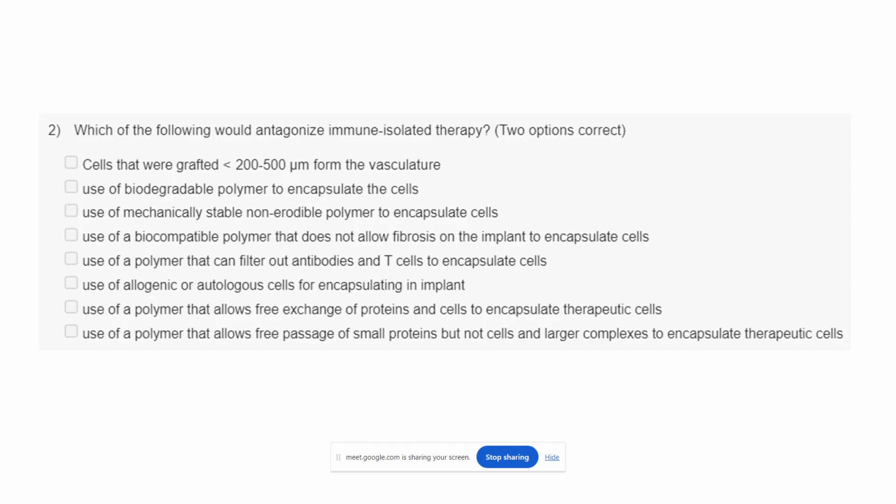Second option and the last one. Okay. Option 2 and 7. Okay.